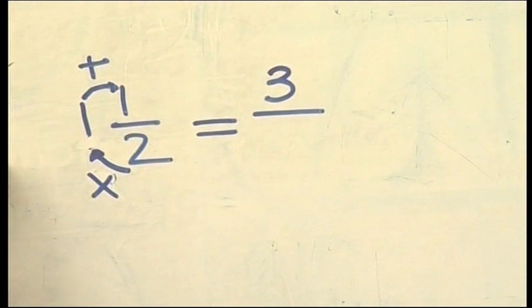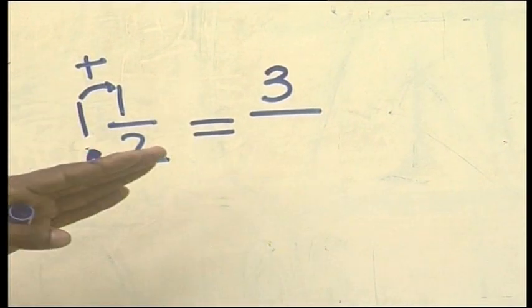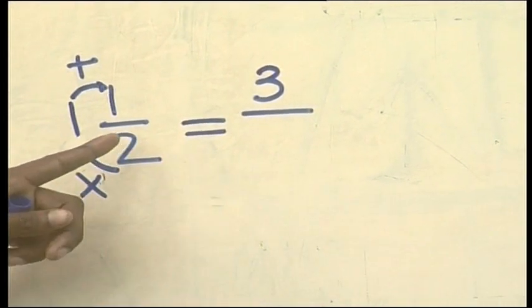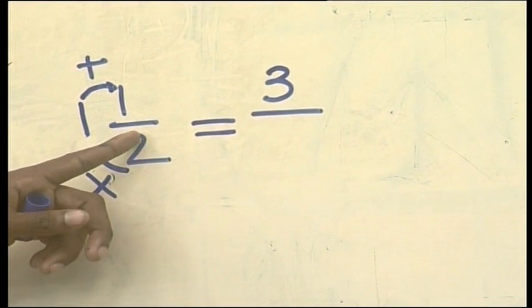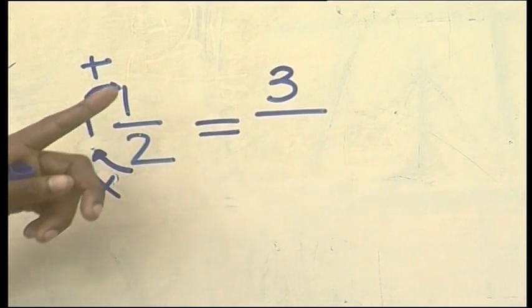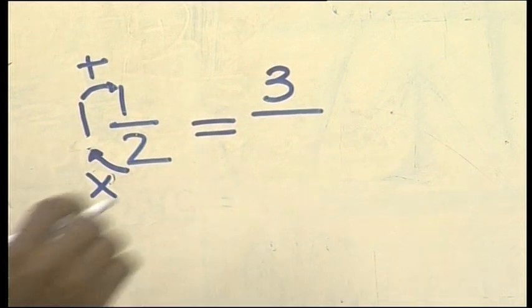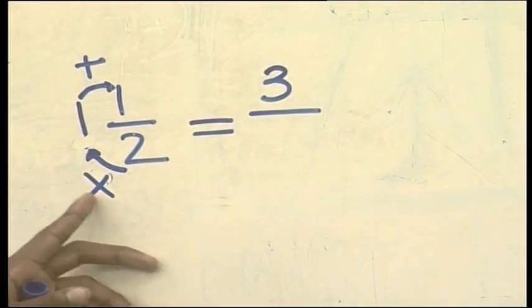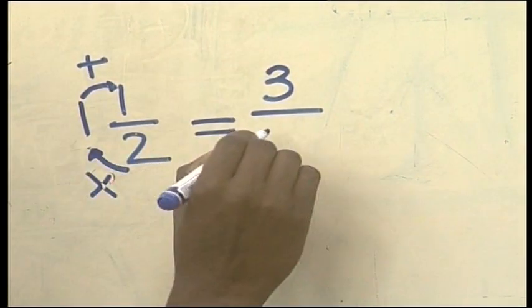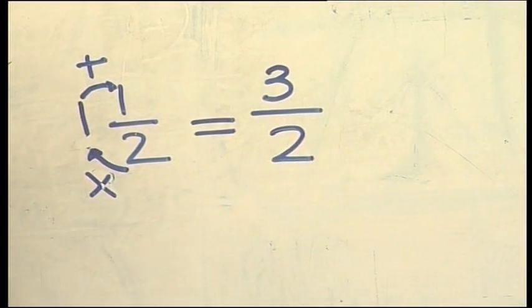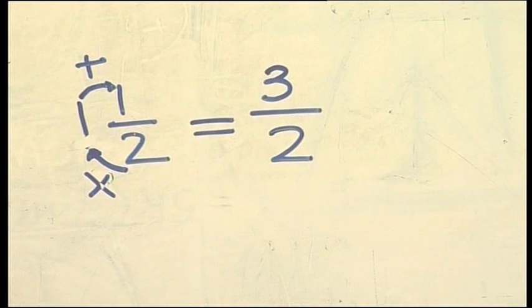When you are changing a mixed number to an improper fraction, the denominator remains as it is, okay? So you carry the denominator. So what is the denominator? 2. Now, the next method is, this is the first method.